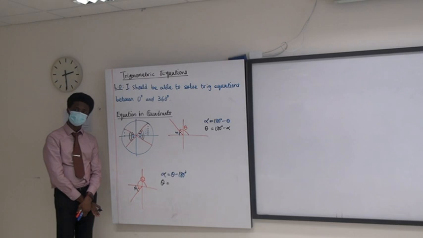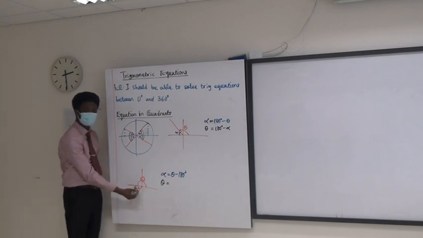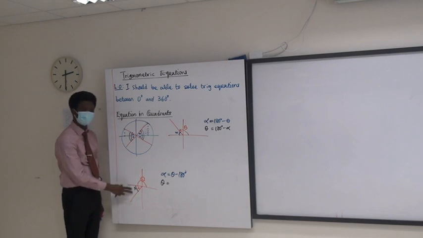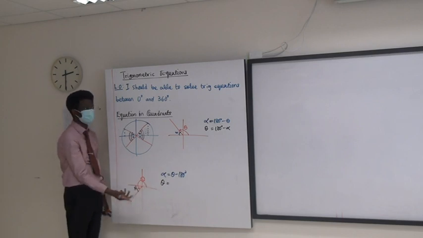180 plus alpha. I'm trying to find this red line from here to this place. Someone has provided this. For example, this is 20 degrees. You want to know from here up to this point. Isn't that just 180 plus the extra? That's what we are talking about.